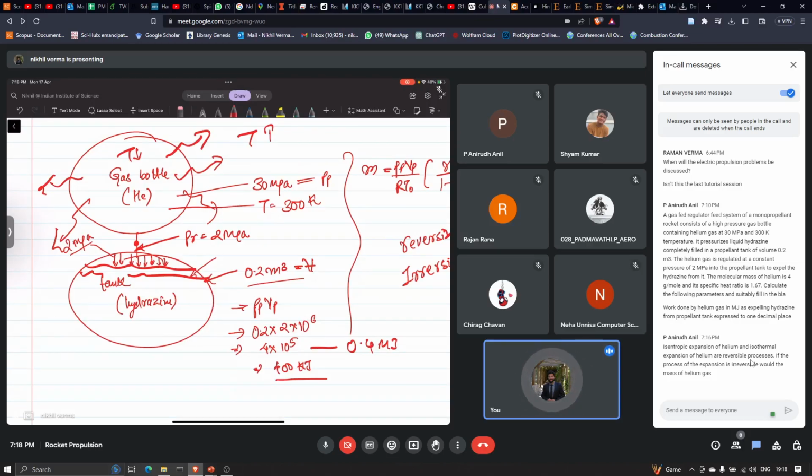Also while you are passing the fluid, there can be some irreversibilities in terms of friction within the flow as it passes through the pipe. When we neglect all these cases, we say that it is an isentropic and adiabatic process.